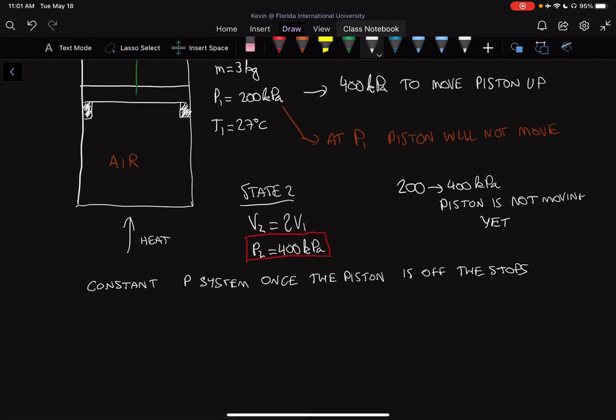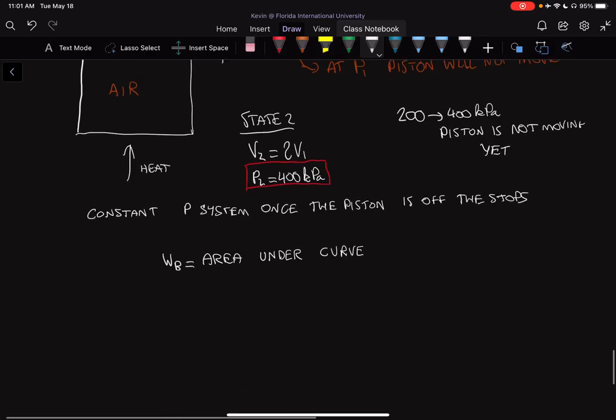So remember, our boundary work is equal to the area under the curve. Okay, we don't have a polytropic process in this case. So it's just the area under the curve. And so in order to find the area under the curve, we need to know volume 1 and volume 2. So how can we find volume 1 and volume 2? Well, we know it's an ideal gas.